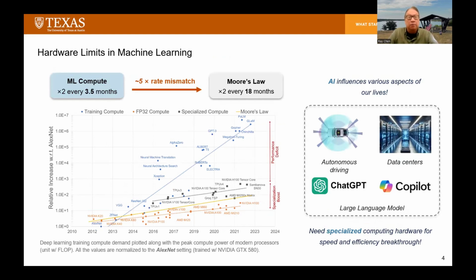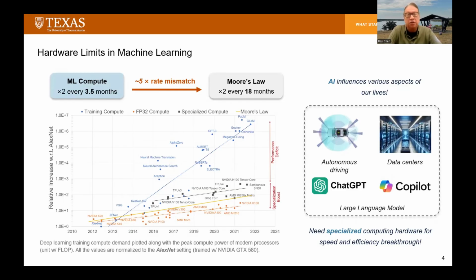This is another important motivation. Machine learning with deep neural networks is changing various aspects of our life, with applications from image recognition, language processing, autonomous driving, and healthcare. A striking example is large language models such as GPT, with billions of parameters to train.